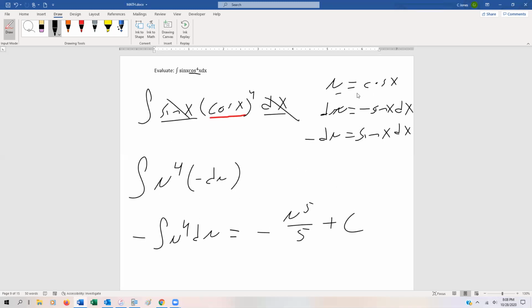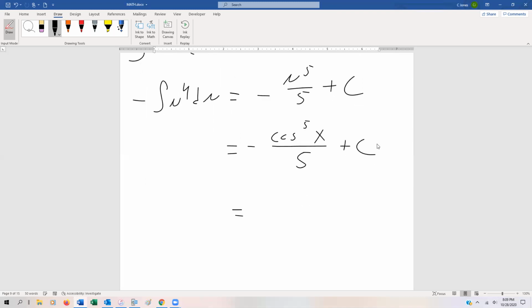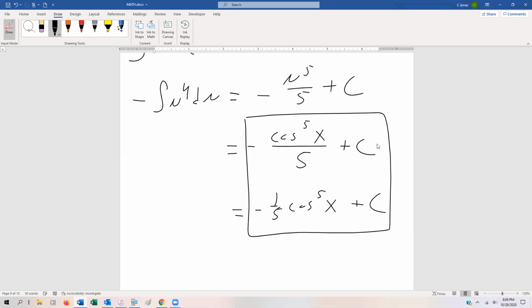Remember that u was the cosine of x. And so our answer is going to be the opposite of cos to the 5th of x over 5 plus c. Right? Or another way to write it would be negative 1/5 cos to the 5th of x plus c. Either way, they're both just as good, right? Since they're both the answer.